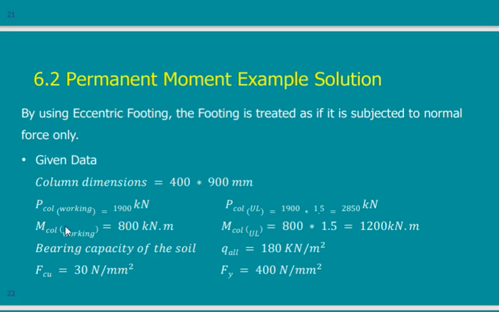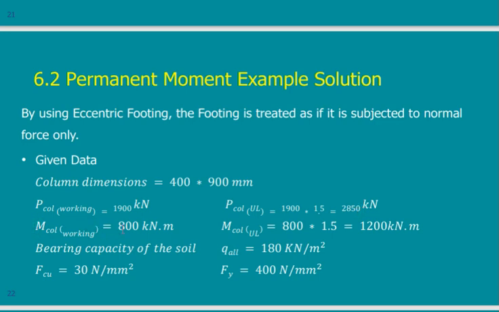So I have to have working loads for P, which is the normal force, and also the ultimate load. To get the ultimate load, I multiply by 1.5. P working for the column is given, it's 1900. 1900 by 1.5, I get the ultimate.